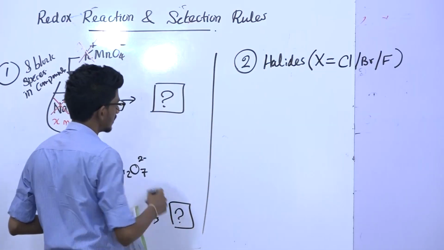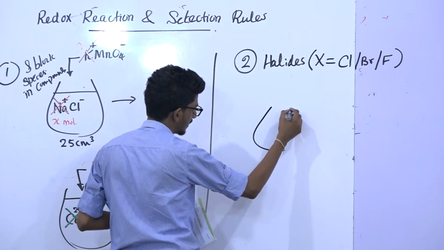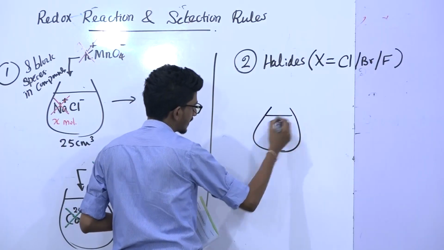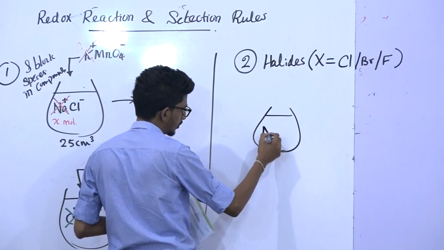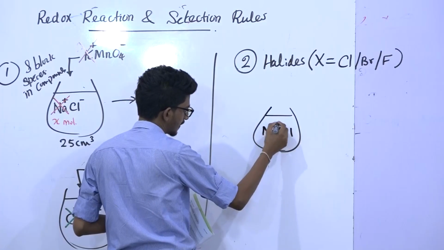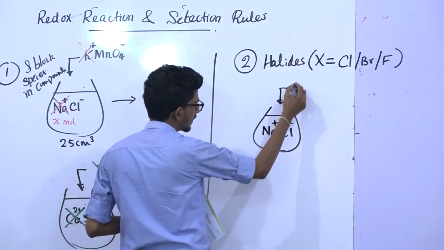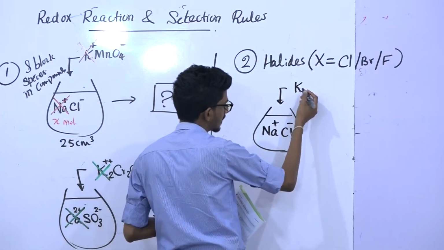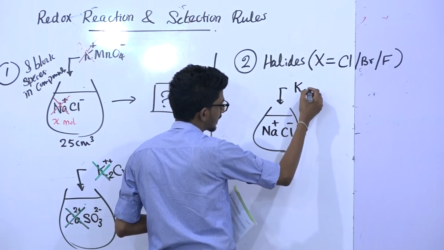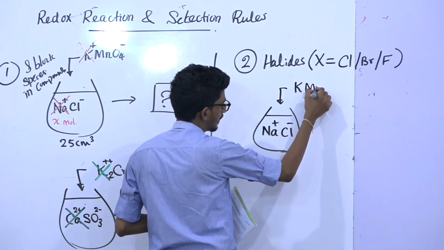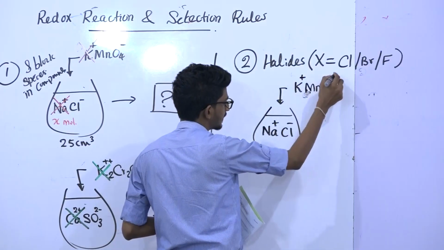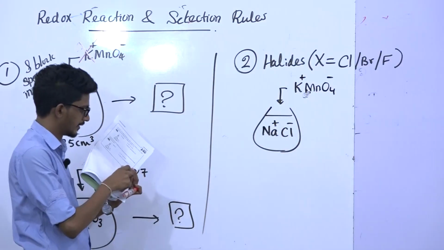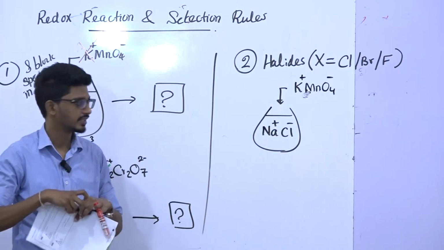Let us discuss what will happen with the halides. Think of the same scenario here. You are supposed to react sodium chloride, Na plus and Cl minus, with potassium permanganate, let us say. So, this is all about halides.